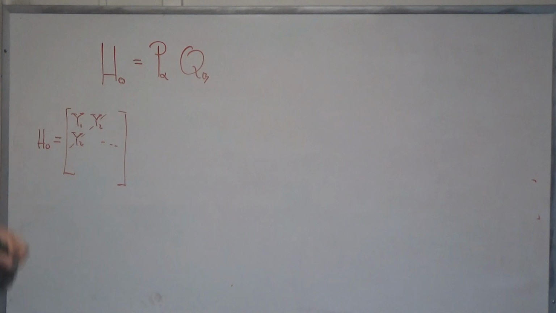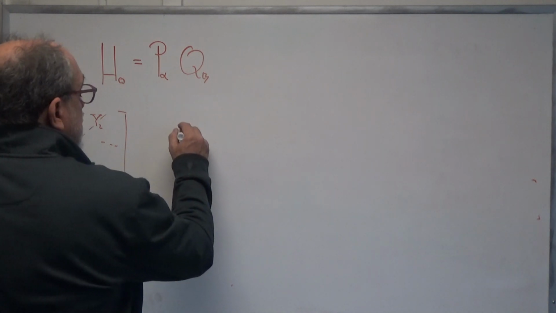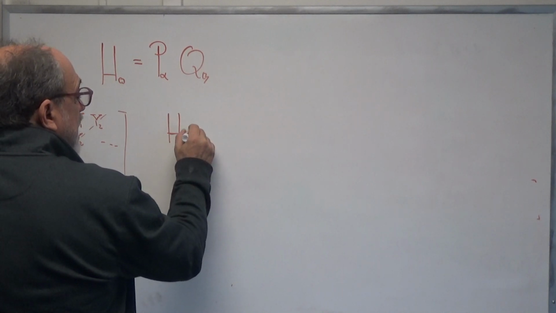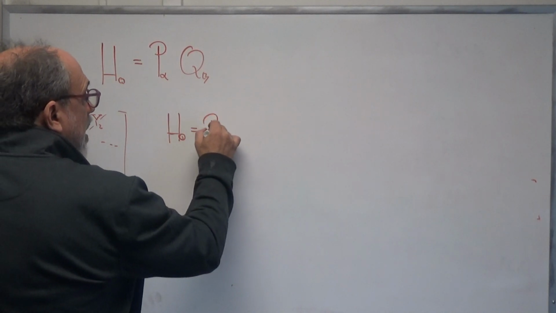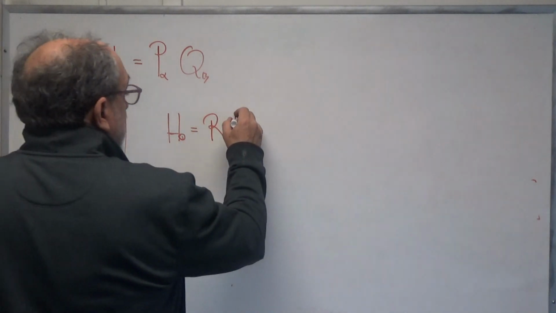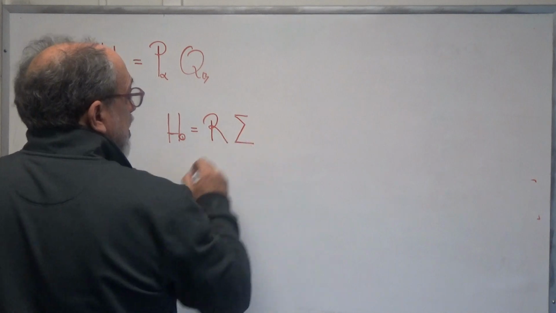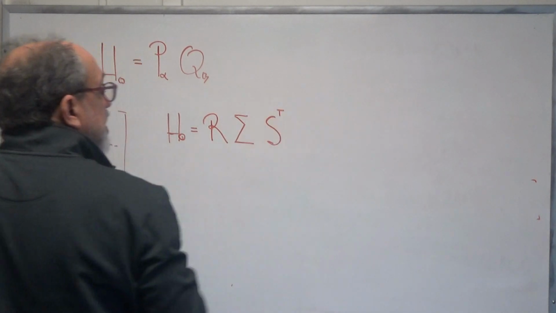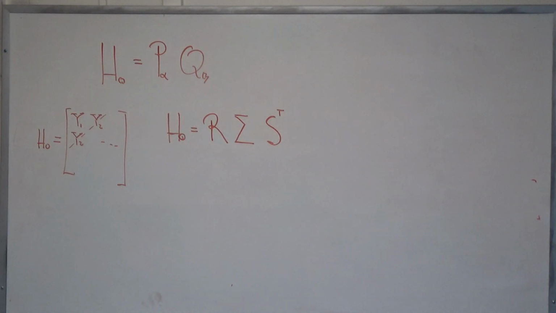To use the notation that I've used in the notes, we would write H0 in a singular value decomposition as R, I normally use U, times sigma, which I normally use S, times S transpose. So this is a singular value decomposition of H0.